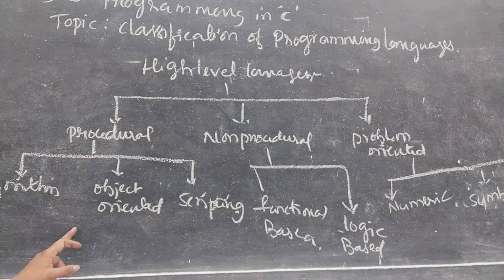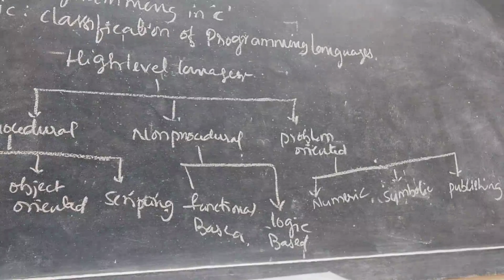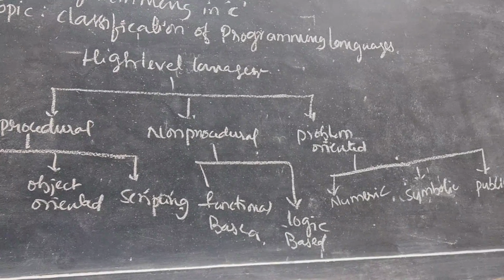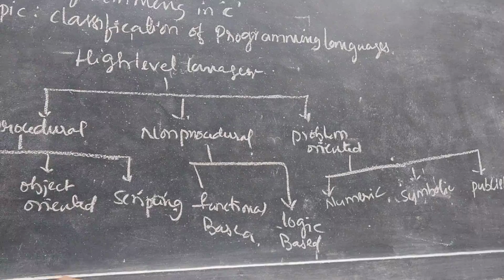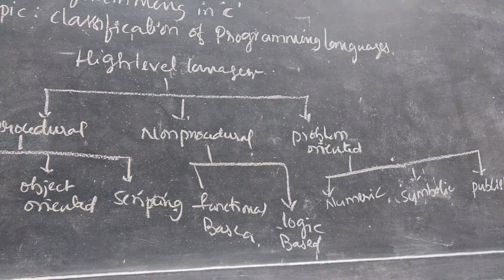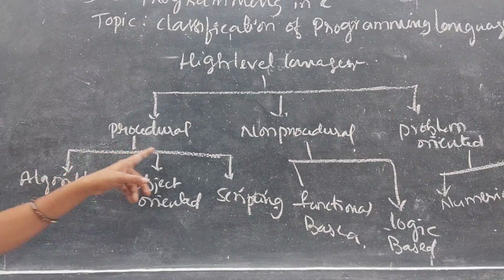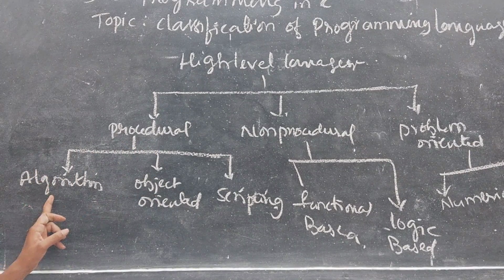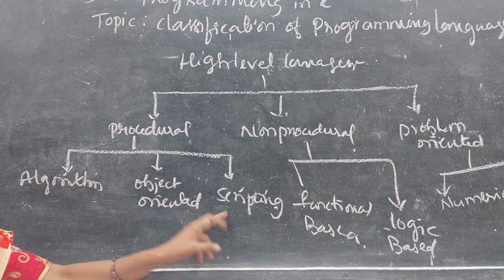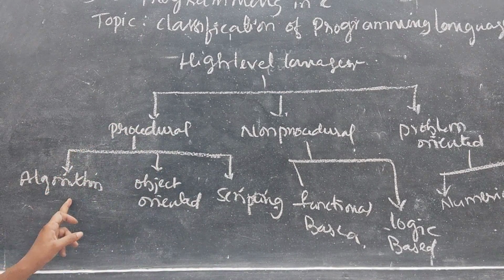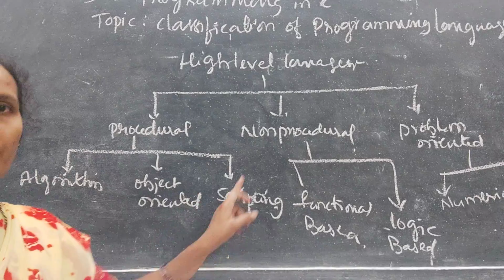First you note down this, then we'll go to the problem oriented. Under procedural, we have three types: algorithms, object oriented, scripting.